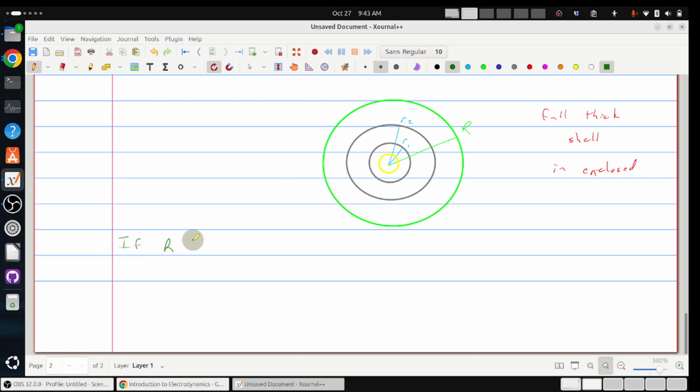If my R is less than R1, I've got no charge enclosed.